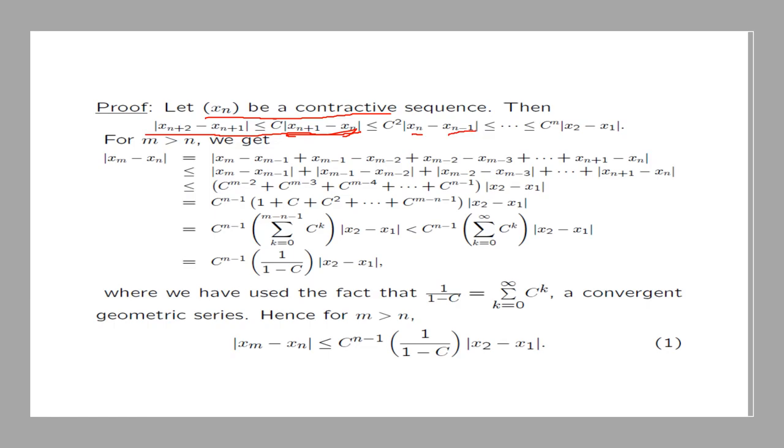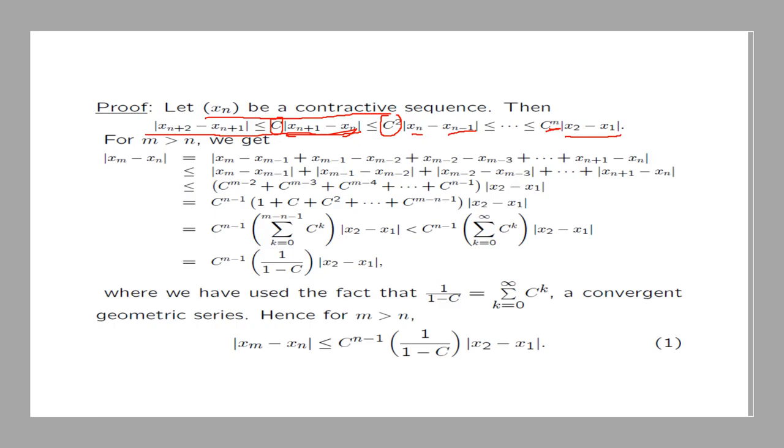But you already have this c here, so you get c squared here. Continuing that way, you end up with this being less or equal to c to the power n times the distance between x2 and x1.